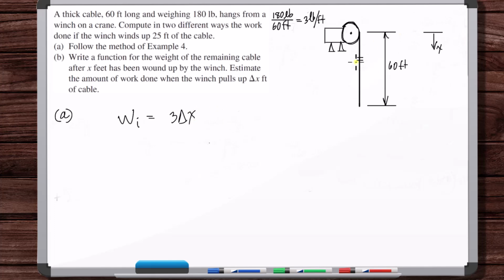Just the X coordinate of the piece, right? As N goes to infinity, it doesn't matter if you use the front point, the back point, or the midpoint. Then we summed all these W_i, did the infinite sum and took the integral, from 0 to 60, and you got the work done to lift the entire chain.